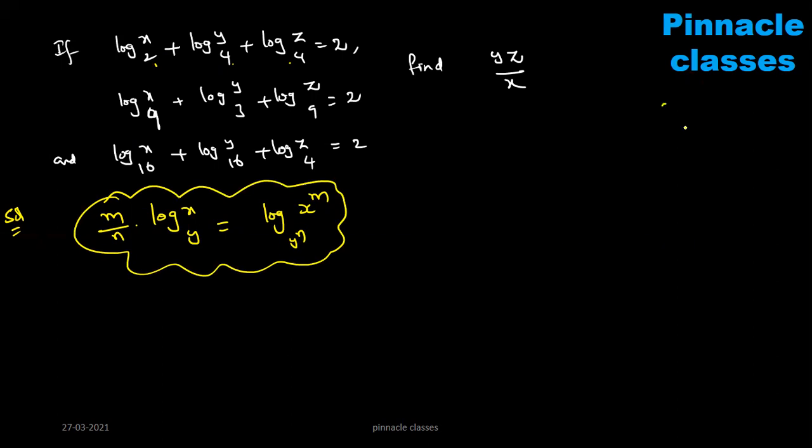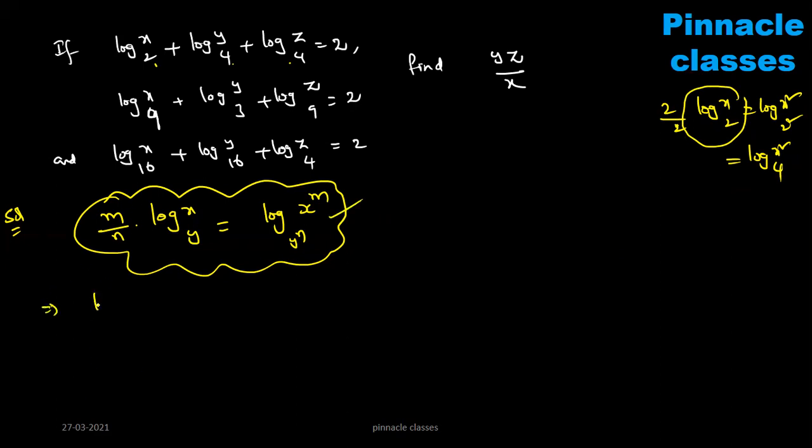See, I'm writing, the value doesn't change. Log x square to the base 2 square, so in the place of log x to the base 2, write log x square to the base 4. What I'm doing is simply multiplying and dividing with 2 with the help of this formula.